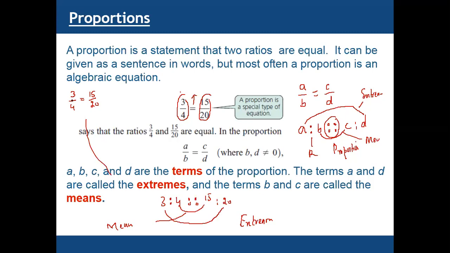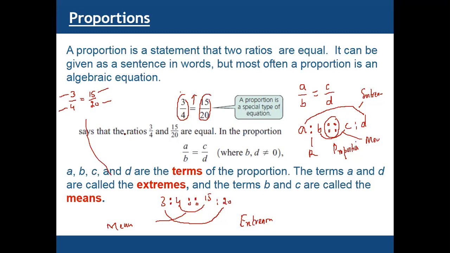Each number, 3, 4, 15, 20, is called a term. 3 is a separate term, 4 is a separate term, 15 is separate, and 20 is a separate term.